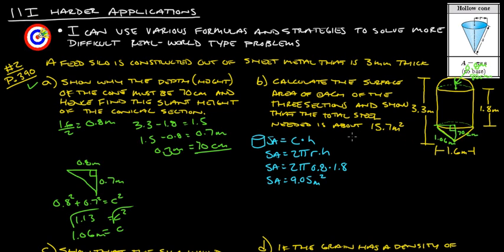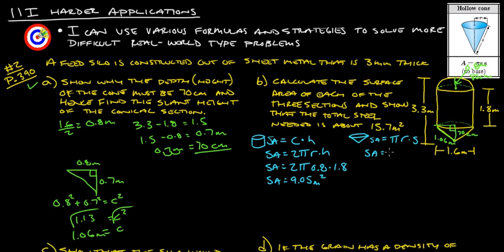Alright, now we're going to do the cone part. And then the surface area of that is, again, pi times the radius times the slant height. So pi r times s.